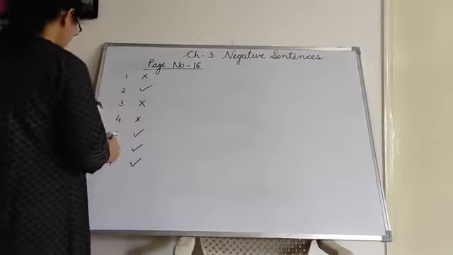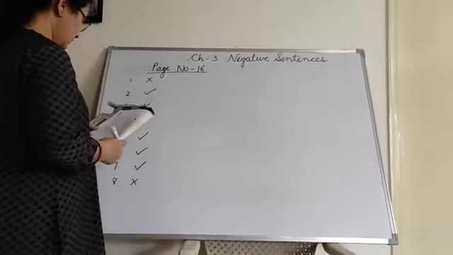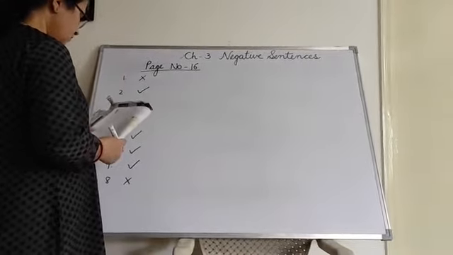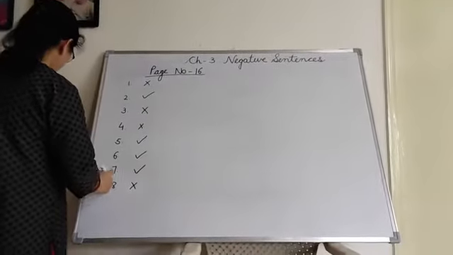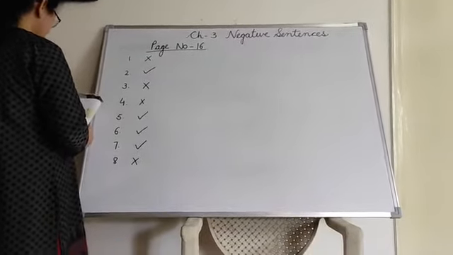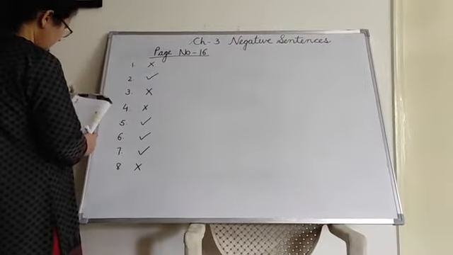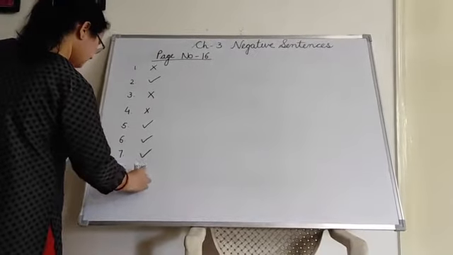Is it correct sentence? No. So eighth is wrong. Then ninth one, Gautam not sing does well. No children. No, ninth one, I do not play the guitar daily. I do not play the guitar daily. So it is correct.